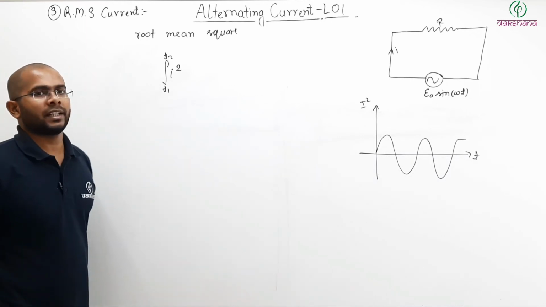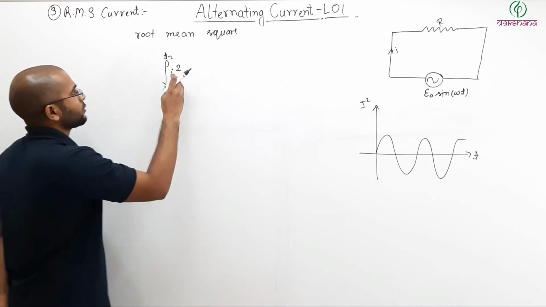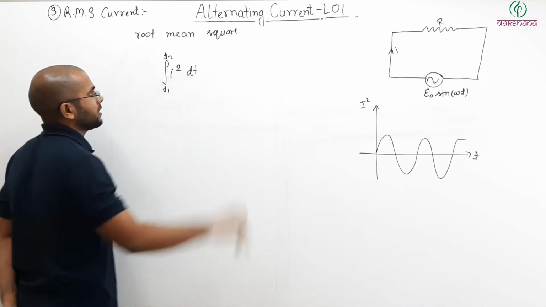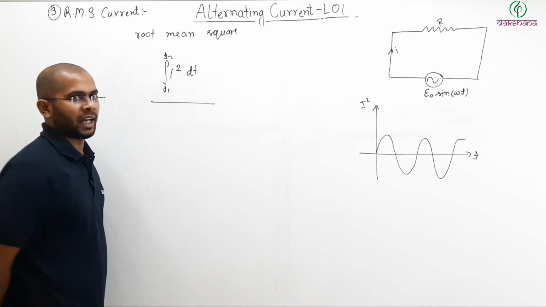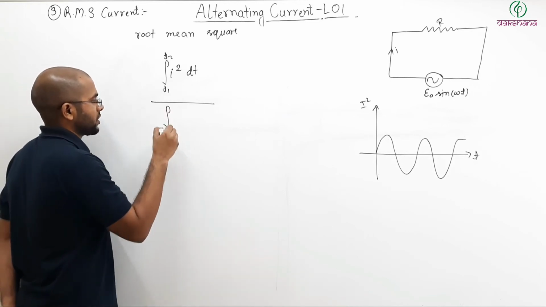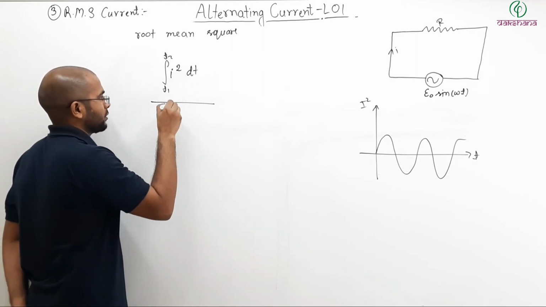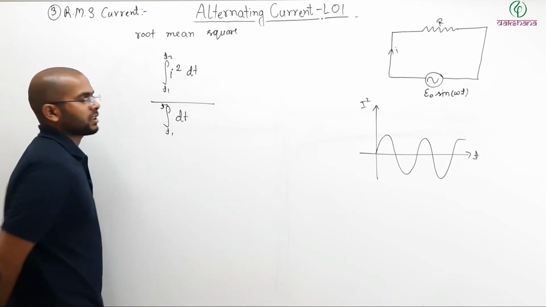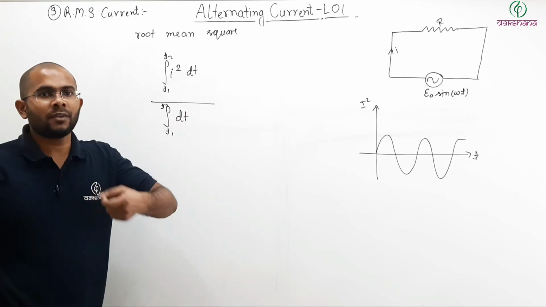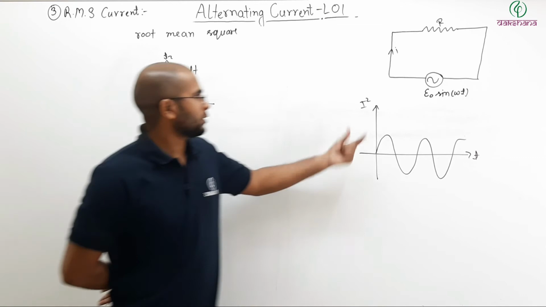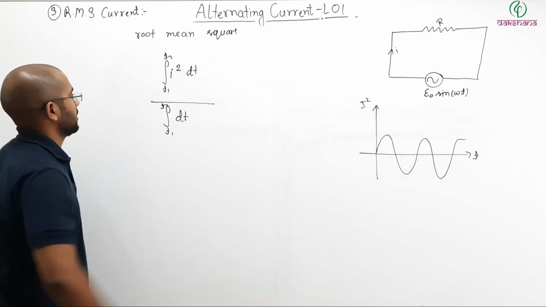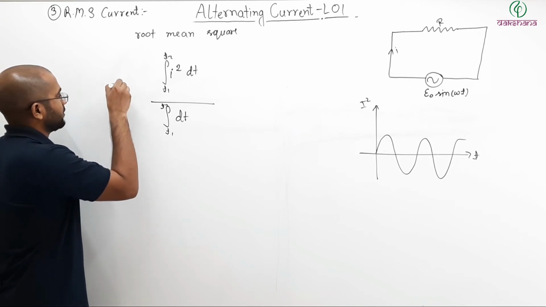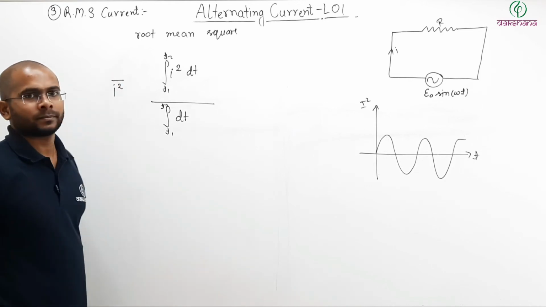If I want to take the area, I take I square times dt, this is the area under the curve, divided by the time taken. So integration T1 to T2 of I square dt divided by the time interval. This is the average of I square.